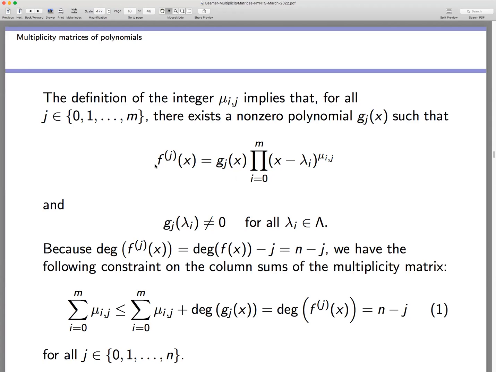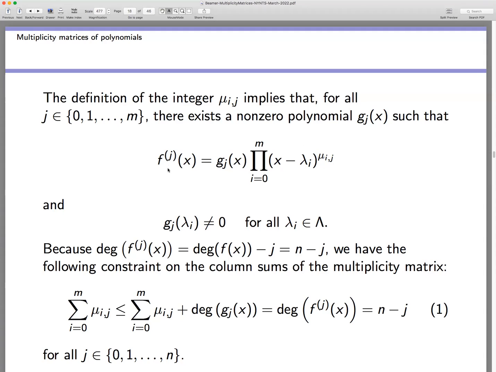Now, from this expression, you see that the sum of the mu_ij's, where j is fixed and you're summing over i, is certainly less than or equal to the sum of the mu_ij's plus the degree of g_j, because this is equal to f_j.